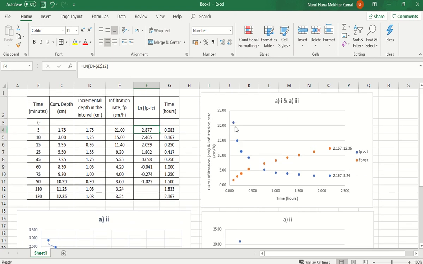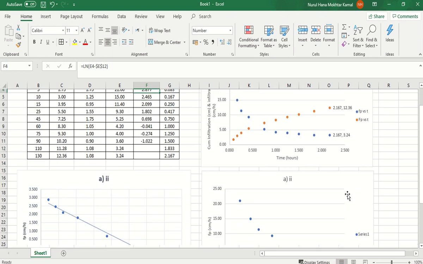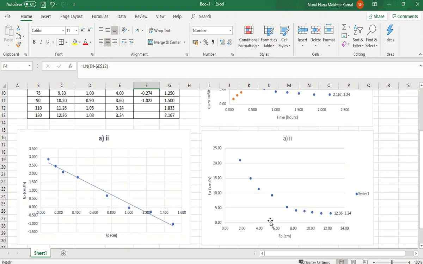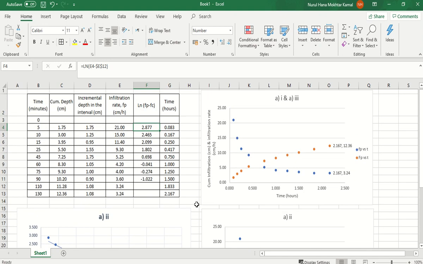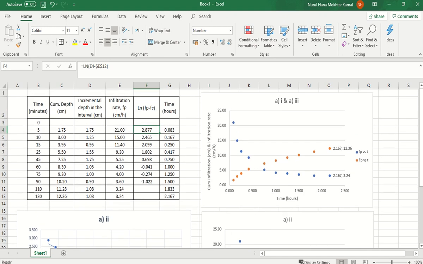I combined question 1 and 3 here, and then I did a separate one for question 2, which is to plot small fp, the infiltration rate, versus the cumulative infiltration, like this.